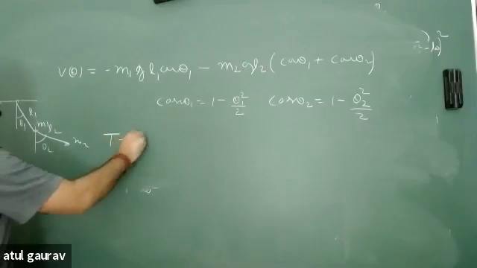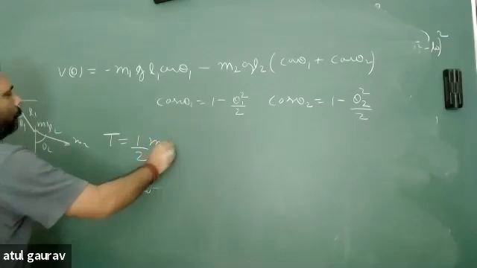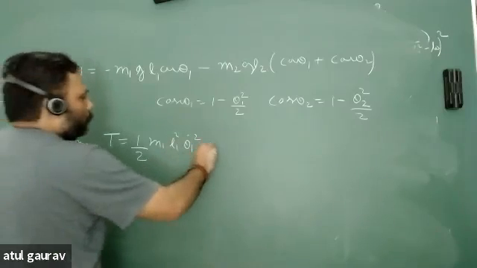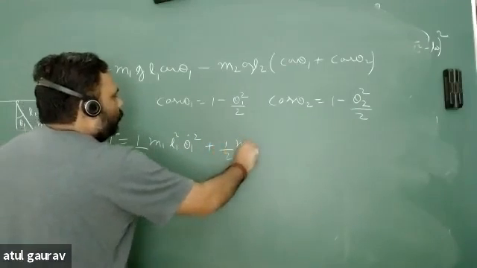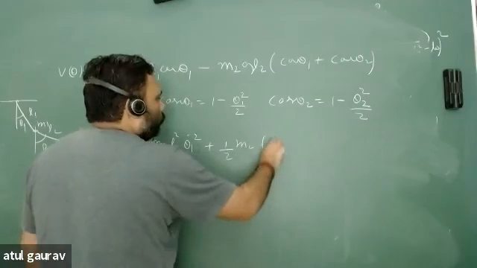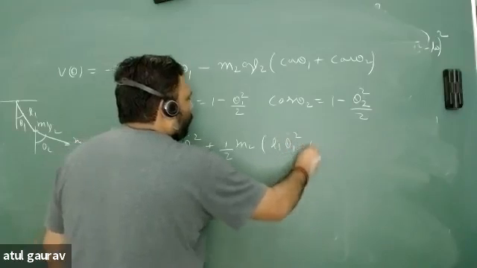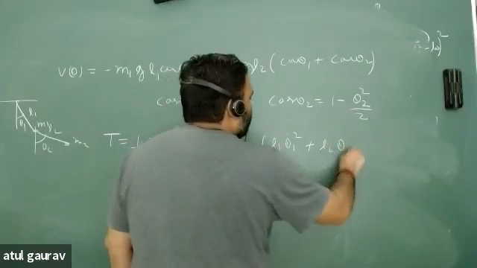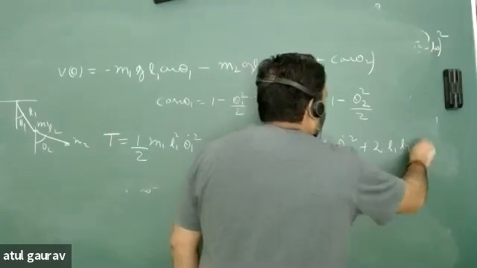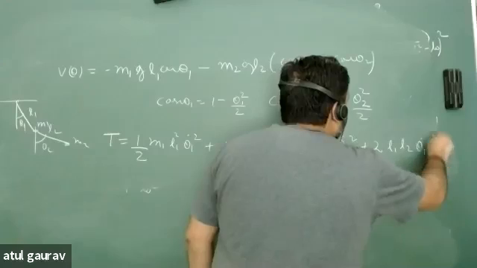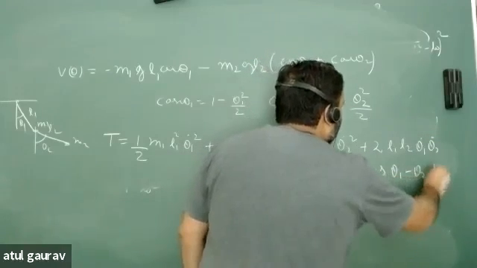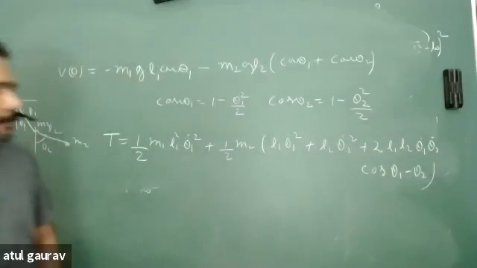Remember the kinetic energy: half m1 l1 theta 1 dot square plus half m2 times l1 theta 1 dot square plus l2 theta 2 dot square plus 2 l1 l2 theta 1 dot theta 2 dot cos of theta 1 minus theta 2. So this is the kinetic energy.